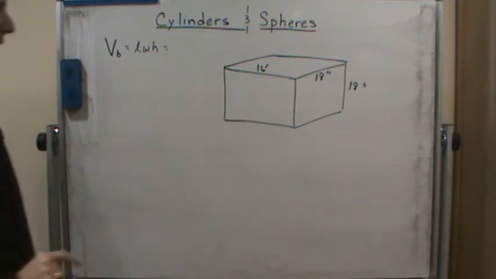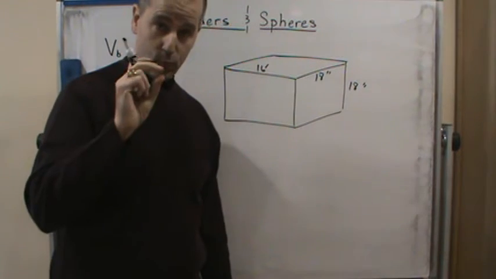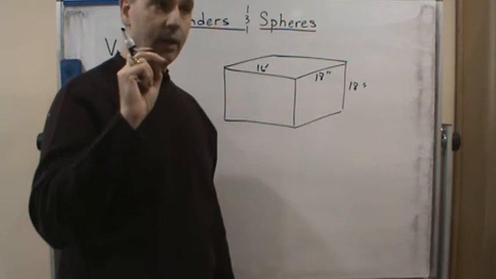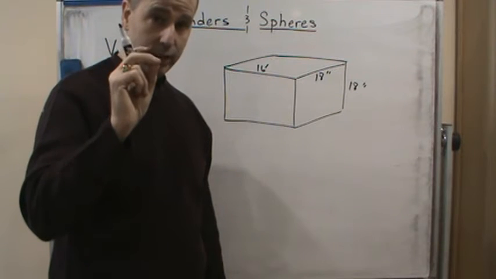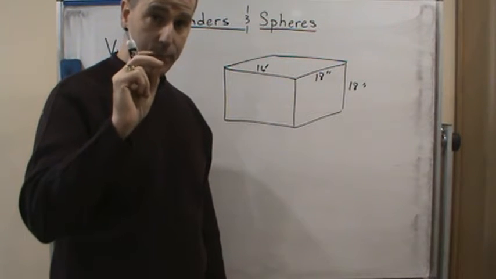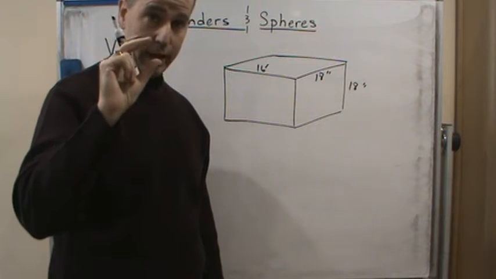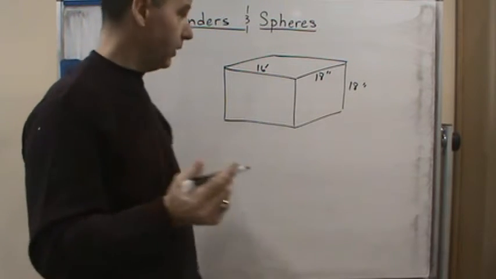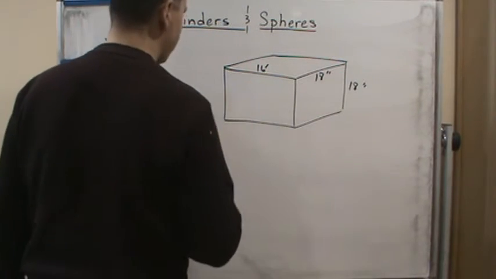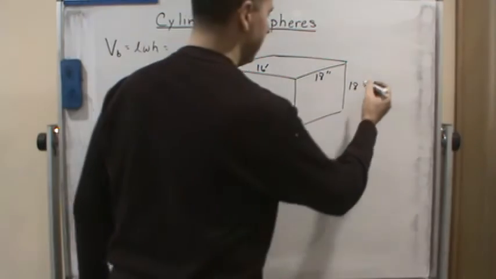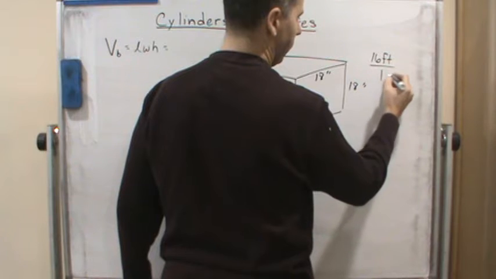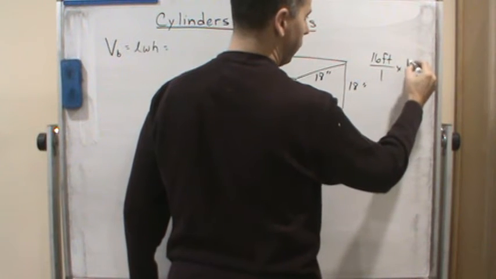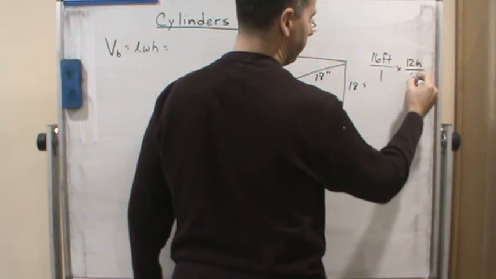Since the wire that we're ending up with is 2-inch diameter wire, we want everything in inches. So let's convert the 16 feet into inches. 16 feet over 1 times 12 inches per foot.